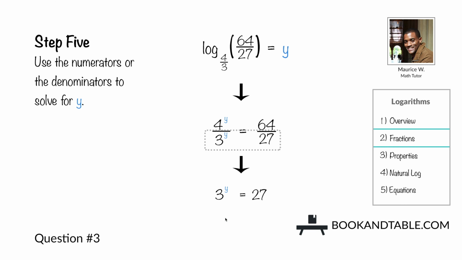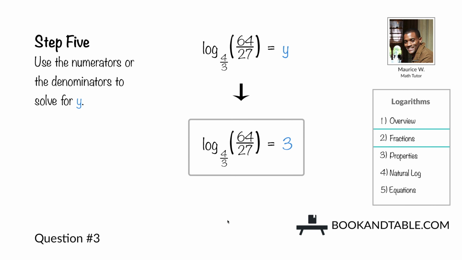Or if you use the denominators instead, you got 3 to a power of y is equal to 27. And 3 can be multiplied times itself 3 times to get 27, also showing that y is equal to 3. So this lets us know that the answer to question number 3 is log of base 4/3 of 64 over 27 is equal to 3.